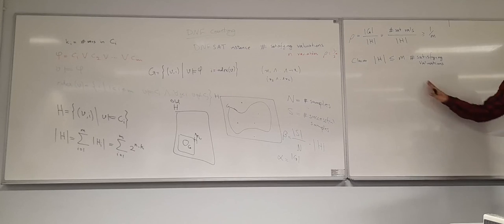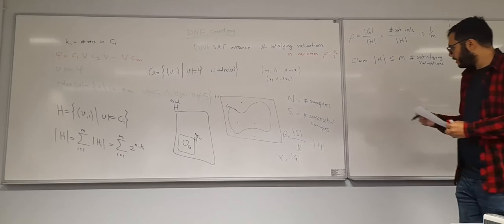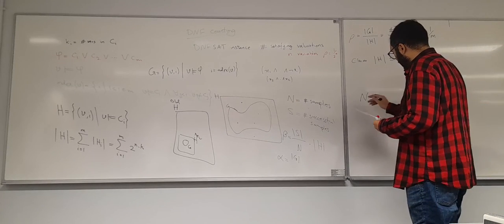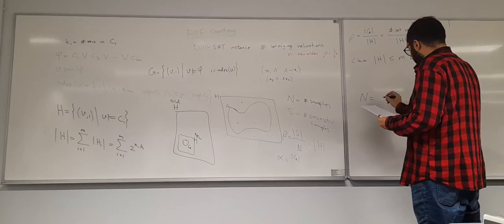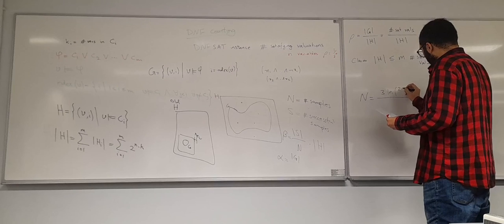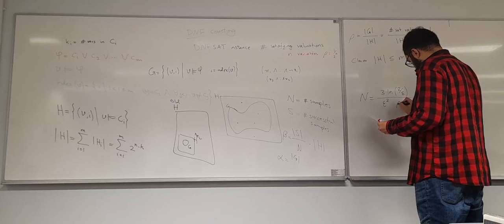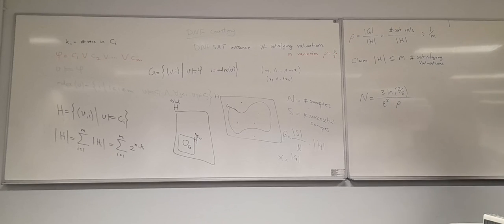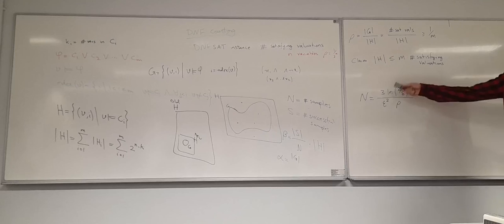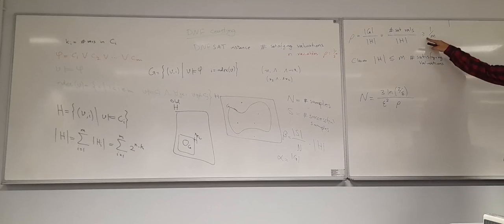So what I had here, which I erased, was that the number of samples that I need to take was this. I needed to have n, the number of samples, to be 3 times the natural log of 2 over delta, over epsilon squared times rho. Okay, so this was the number of samples that I had to take, thanks to Wolfram Alpha. And now I know that my rho is at least 1 over m.